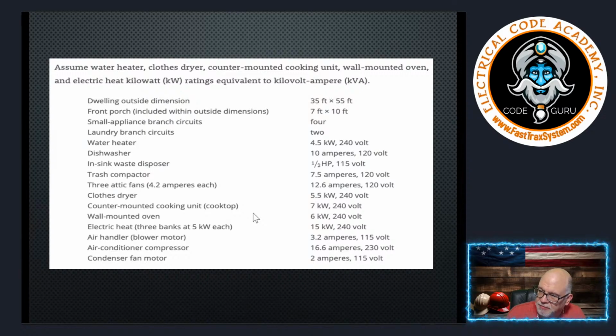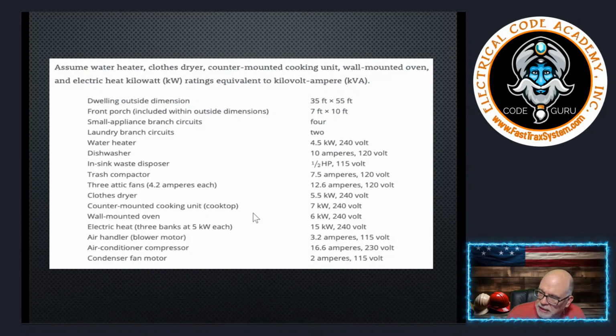We have 3 attic fans, and those are 4.2 amperes each. So we have 3 of them up there in the attic, and we just added the sum together, 12.6 amps. And again, to get the total VA, amps times volts. And we're going to do that as we move through this. It's going to go quickly once we start working through the form.